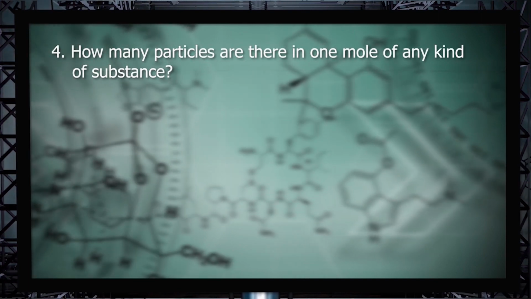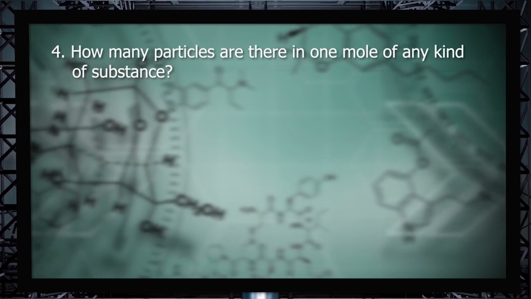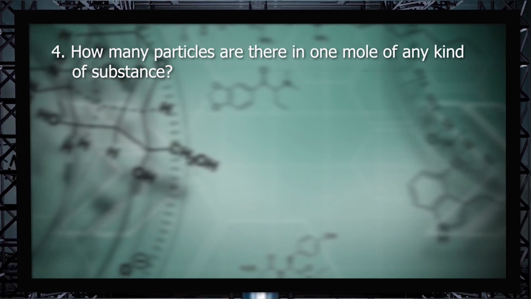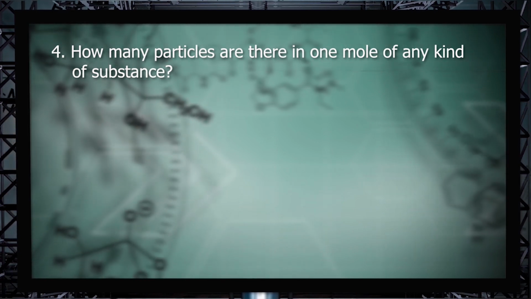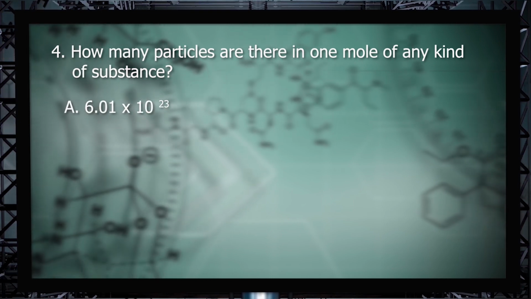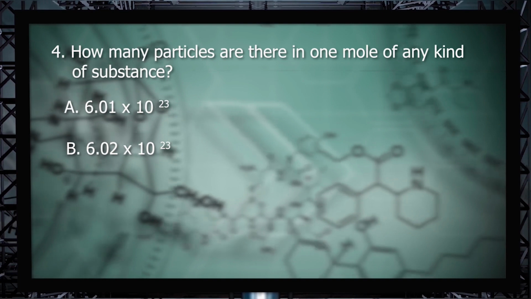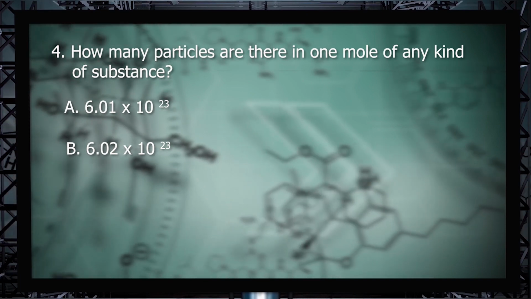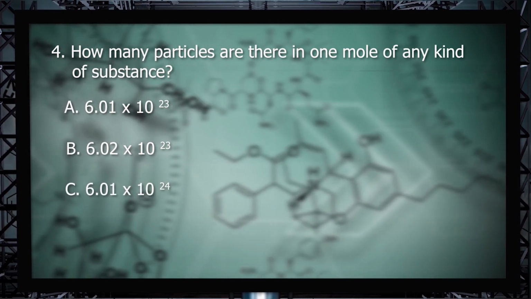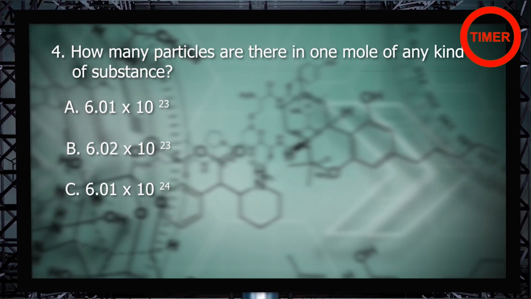Number 4. How many particles are there in 1 mole of any kind of substance? A. 6.01 times 10 to the 23. B. 6.02 times 10 to the 23. C. 6.01 times 10 to the 24.